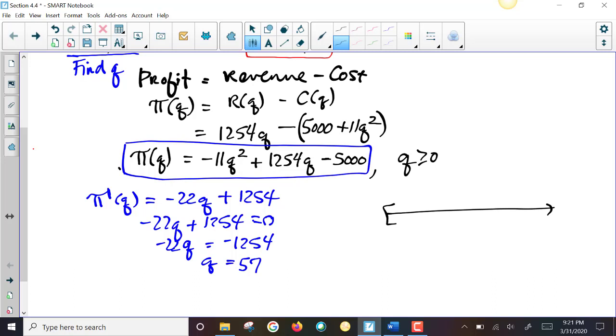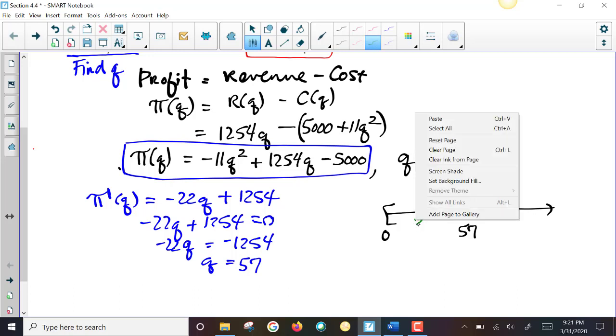Okay, so to prove that 57 does produce our maximum, we would do the first derivative test. And this is 0. So we would choose a value in each of those intervals.